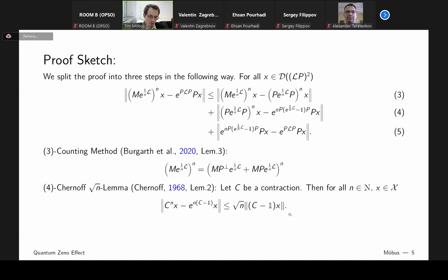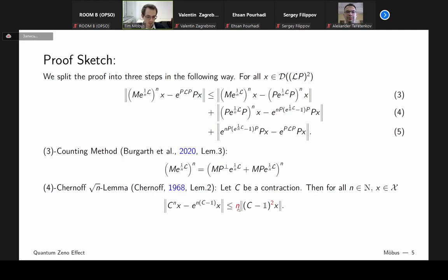In our proof, we see a vector valued map which converges for n to infinity with a convergence rate of 1/n to the identity. So this part here converges with 1/n. If we plug this in, we have 1/n here times the square root of n. So we would just get 1 over square root of n, which is not the convergence rate 1/n which we would achieve. So what we have proven is a kind of modified Chernoff lemma with the following upper bound. Okay, there's a 1/2 missing, but it doesn't matter.